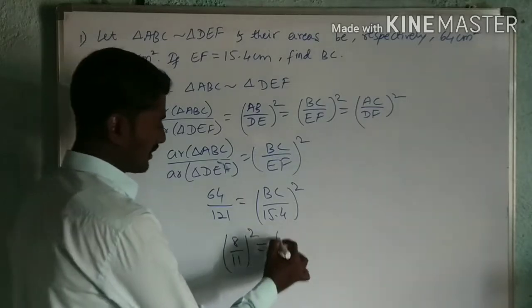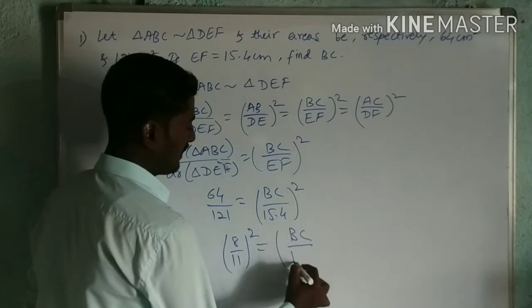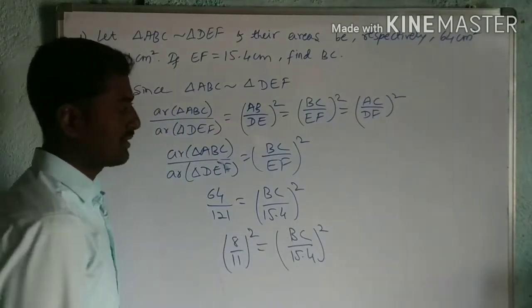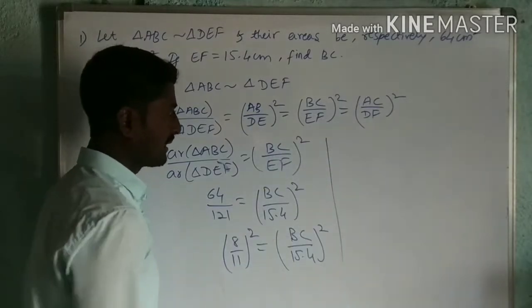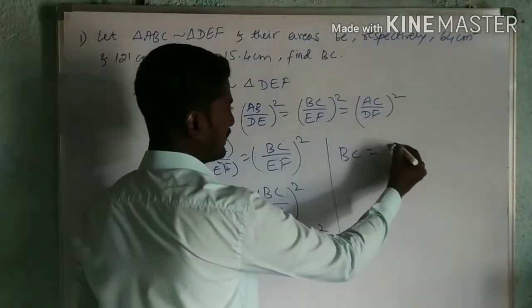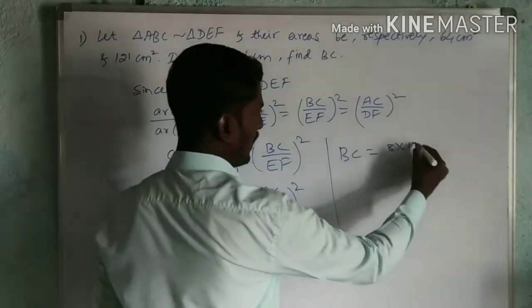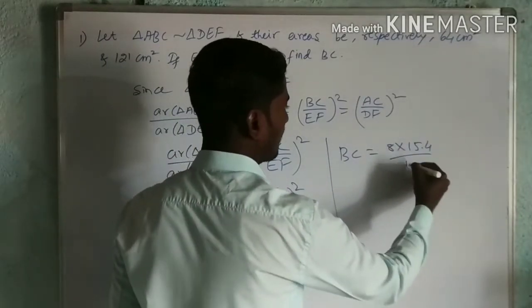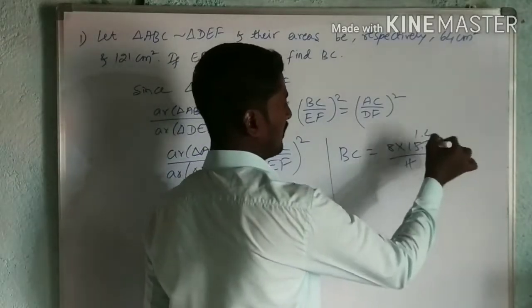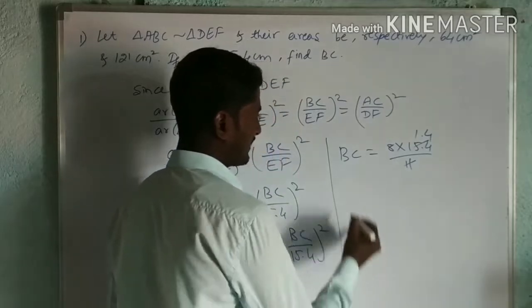Now this is BC divided by 15.4 whole square. Both sides square will get cancelled. Remaining, by cross multiplication, BC equals 8 into 15.4 divided by 11. 11 ones are 11, 11 fours are 44.